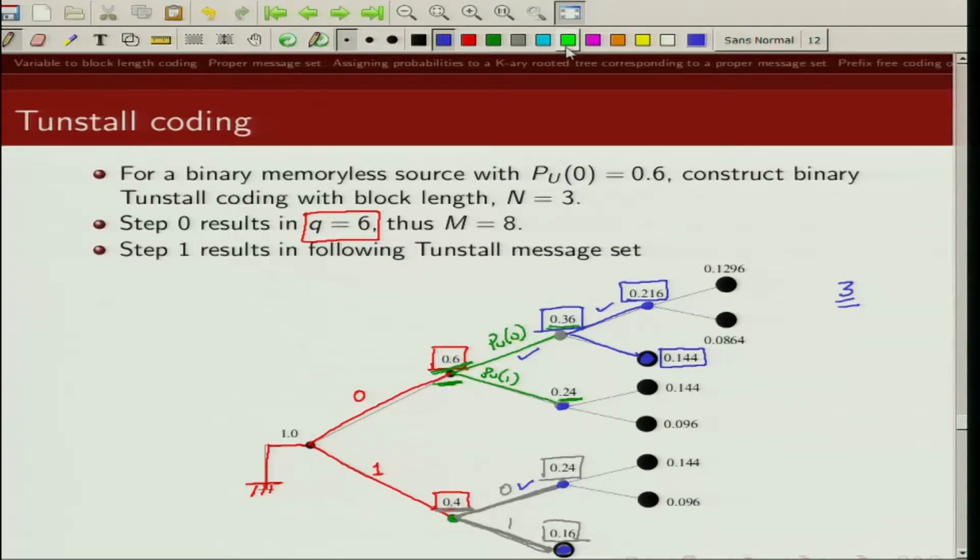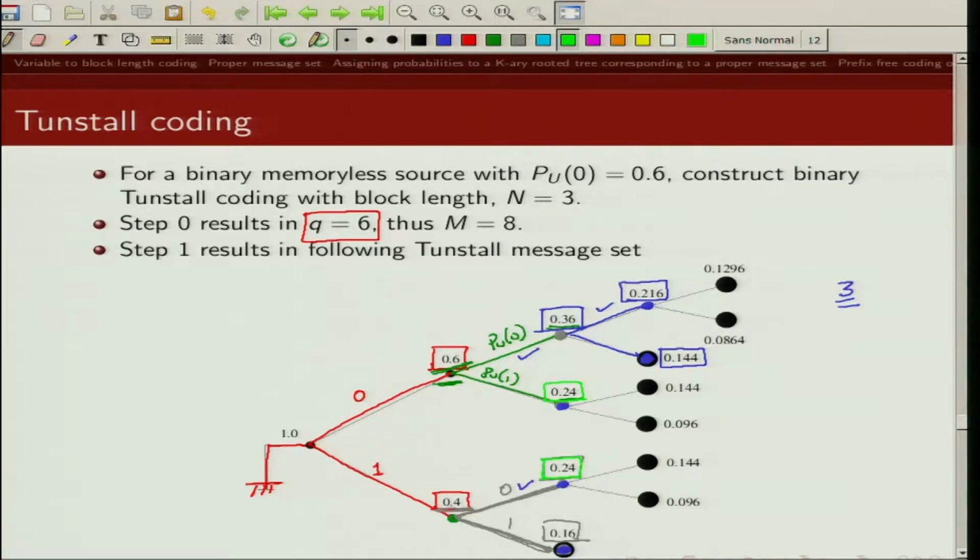Let's use a different color. Let's use a light green. Now, among the leaves that are left, we can see this has probability 0.24 and this has probability 0.24, and these are the two most likely leaves. So for the fourth extension, we should be extending one of these leaves, any one of them.